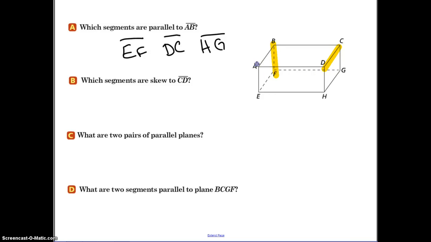So like BF, AE, those are going in opposite directions of DC, as well as other ones, this back line FG and EH. Those do not intersect CD and they are not in the same plane. So we've got segment AE, segment BF, segment FG, and segment EH as our skew segments.